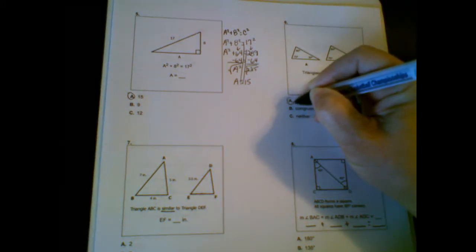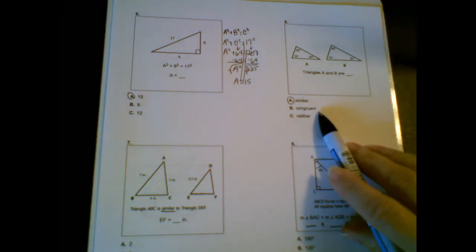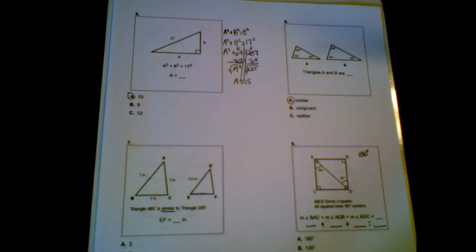If the angle measures are the same, then these two triangles are similar because they changed in size by the same proportion. Congruent, we know they're not because they're not the same size. And neither would be if the size and the shape both were different.